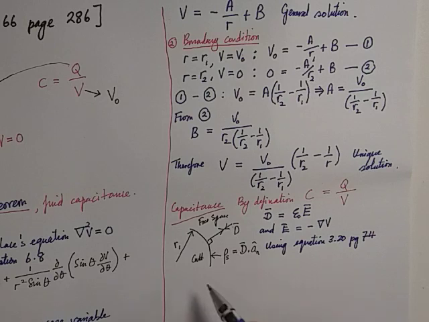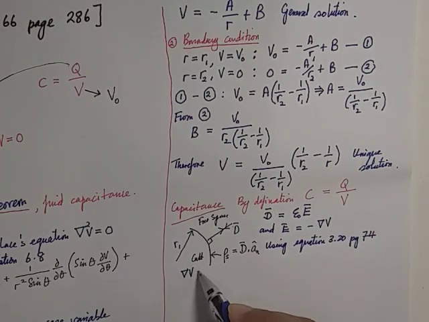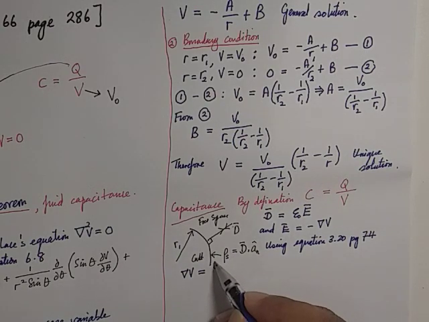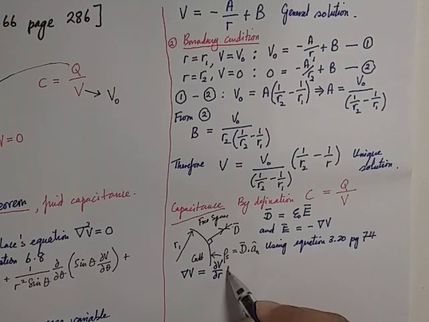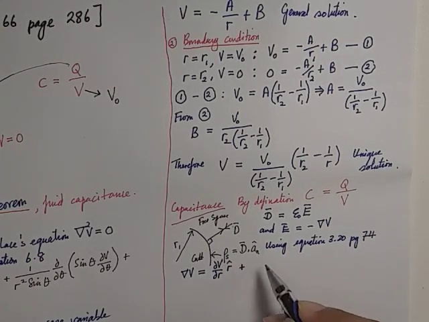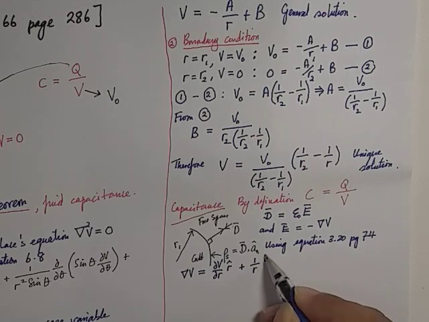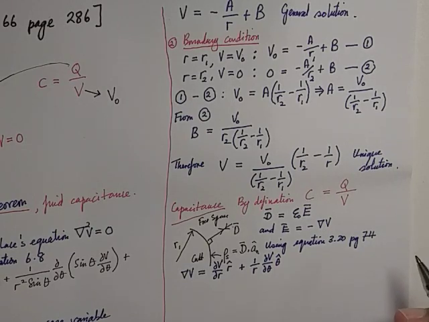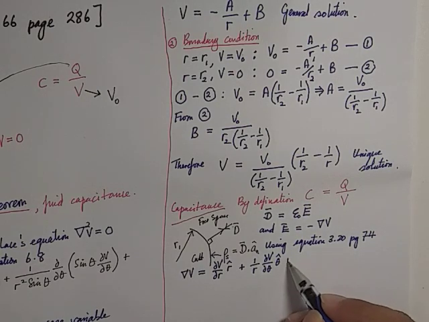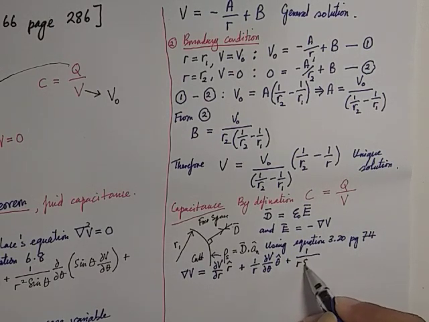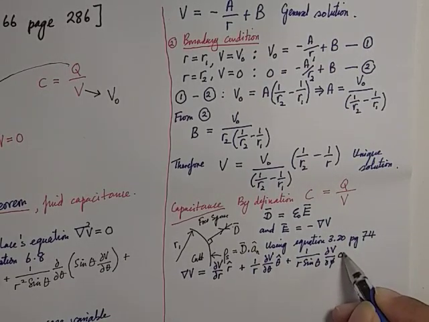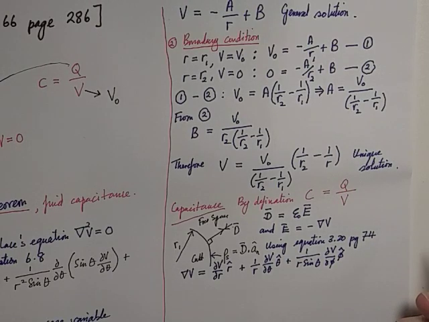What you're going to see is that grad V is equal to dV over dr in the r direction, plus 1 over r dV over d theta in the theta direction, and finally the last term, plus 1 over r sine theta dV over d phi in the phi direction. That should be taken from the textbook.